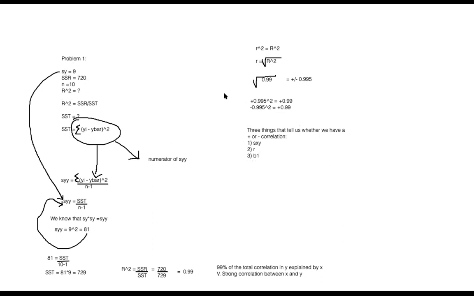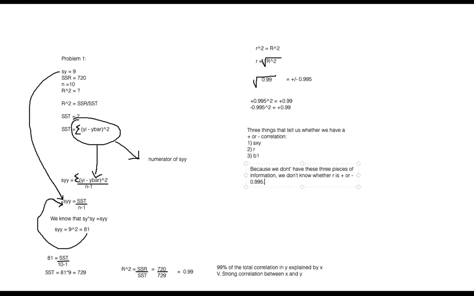So if I were to try to solve Pearson's R, all I could say is that it is 0.995, but I can't tell whether it's positive or negative, meaning I cannot tell whether we have a positive or a negative correlation. So because we don't have these three pieces of information, we don't know whether R is positive or negative 0.995, right?